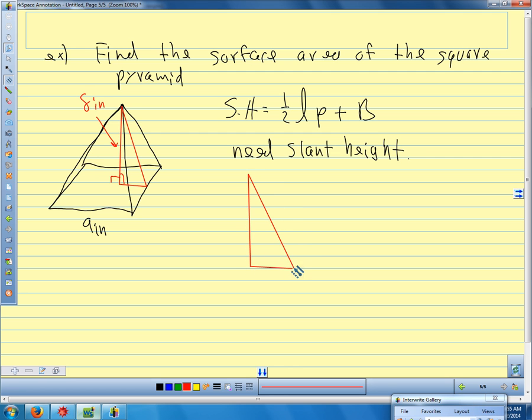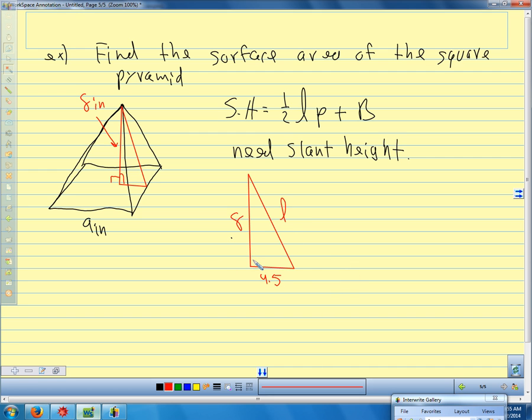And here's the piece we drew across the bottom, the apothem of that square. So this is 8. And if this is a square pyramid, what's going to be the length of this side? Half of the side of the square. So half of 9 is 4.5. I'm going to call this L for the slant height.